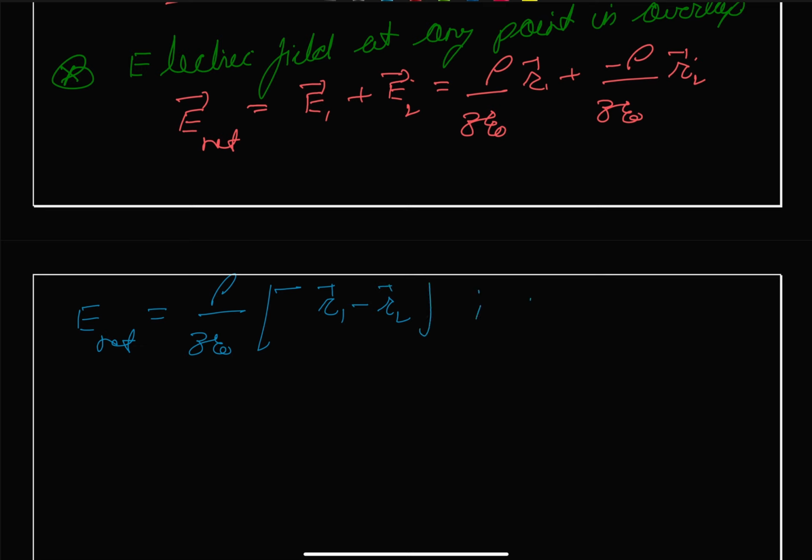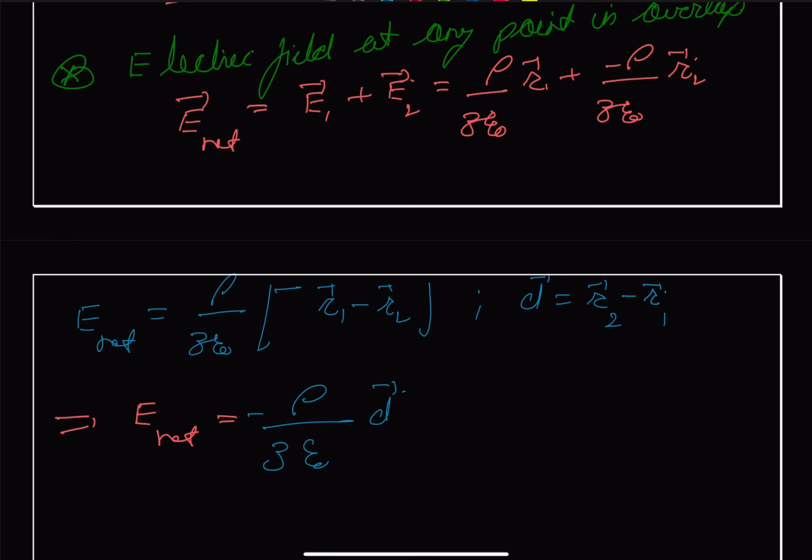Let us assume this R1 minus R2 is represented by D. So E net will be equal to minus rho upon 3 epsilon naught times the D unit vector, where D is R2 minus R1.